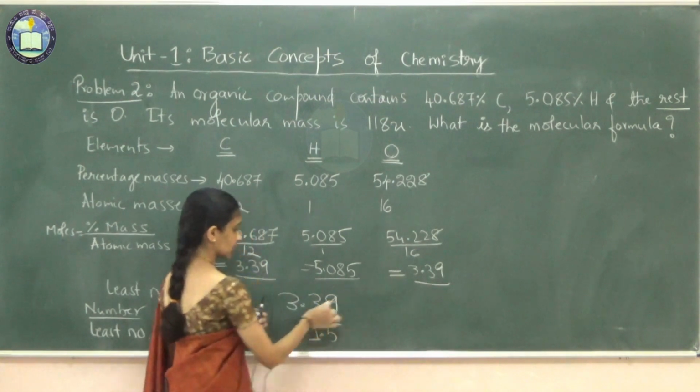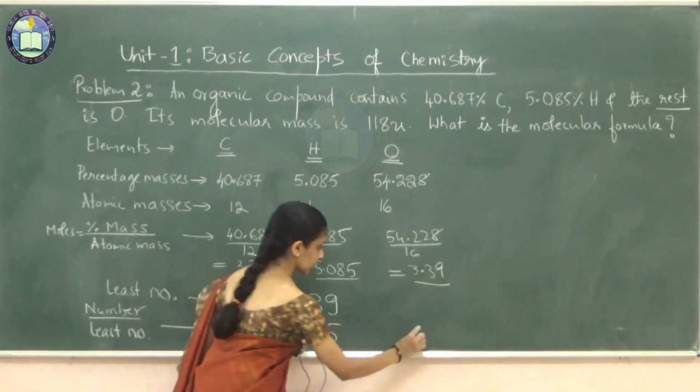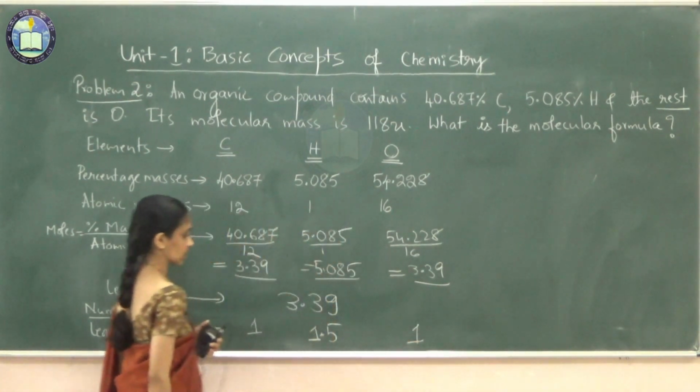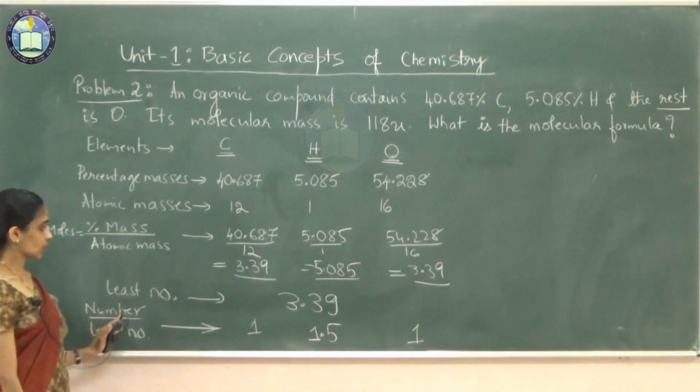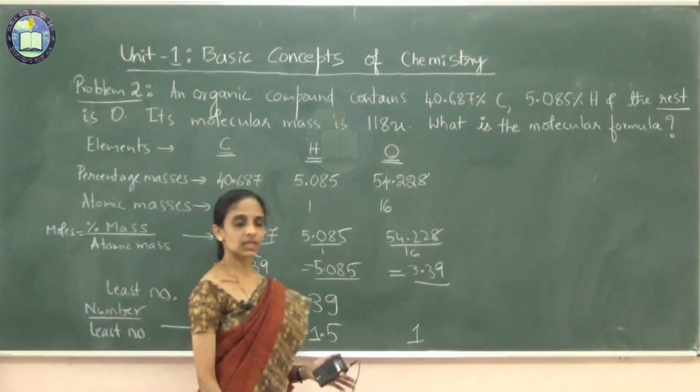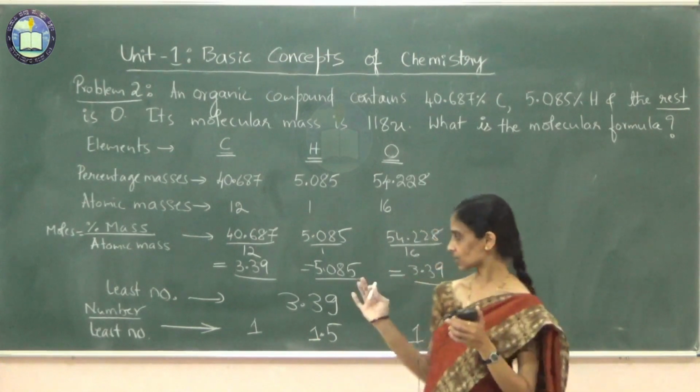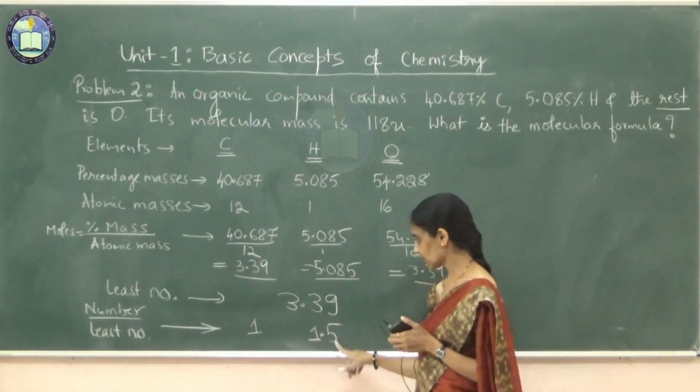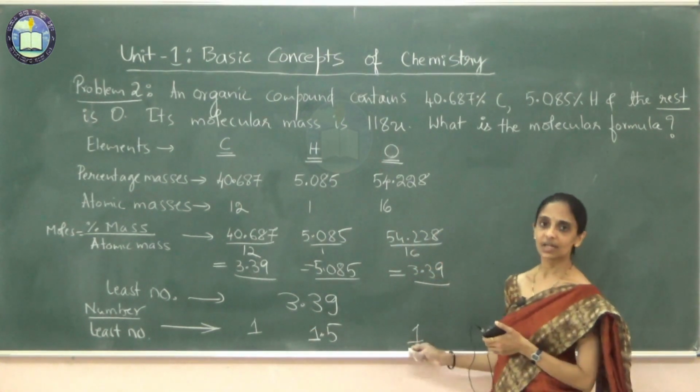Then 3.39 by 3.39 is again 1. So, after division, we have got a set of new numbers: 1, 1.5 and 1 again.